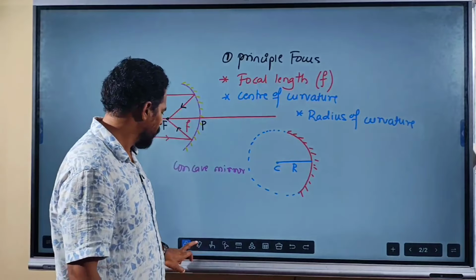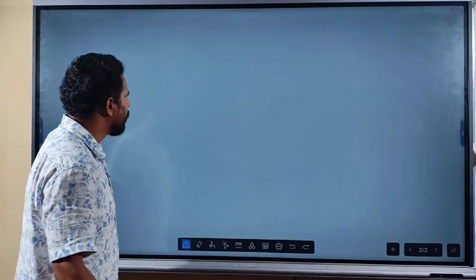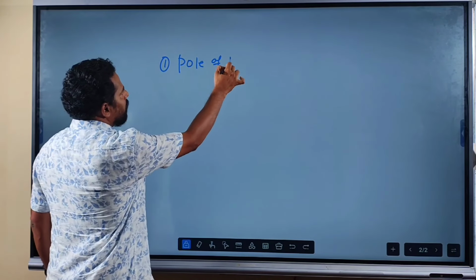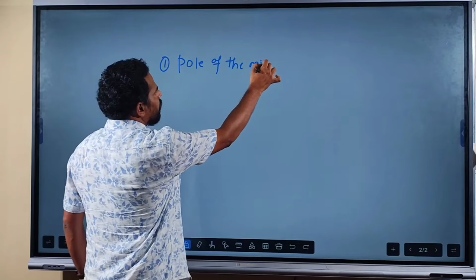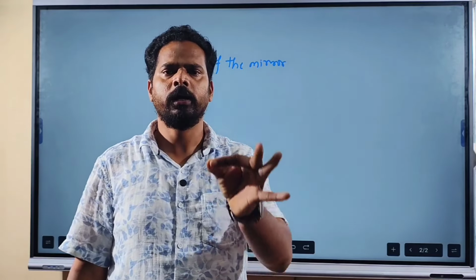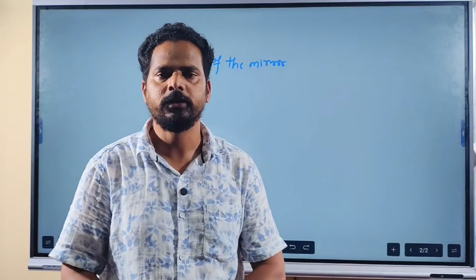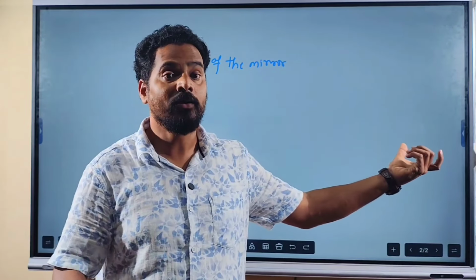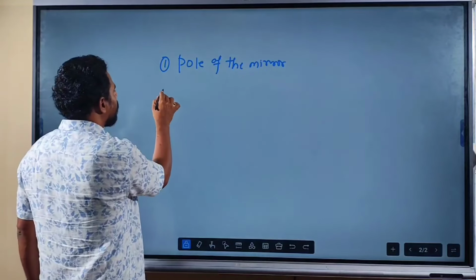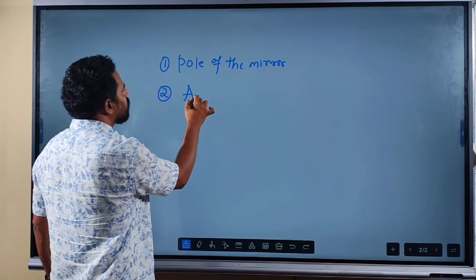Now, which are the important terms we discussed here? First, the pole of the mirror. The center point of the spherical mirror is called the pole of the mirror. Second, the reflective part of the mirror is called aperture.